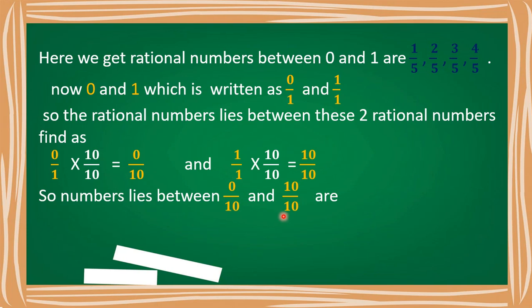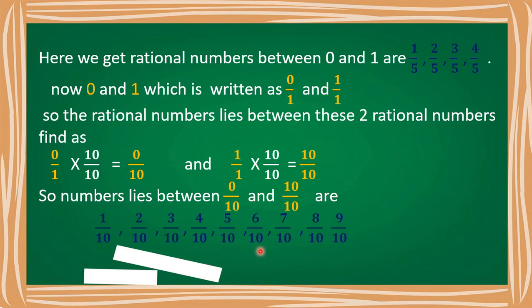The numbers are 1 by 10, 2 by 10, 3 by 10, 4 by 10, 5 by 10, 6 by 10, 7 by 10, 8 by 10 and 9 upon 10. How many numbers are here? 1, 2, 3, 4, 5, 6, 7, 8, 9. So when we make the denominator 10, we have 9 rational numbers between 0 and 1.